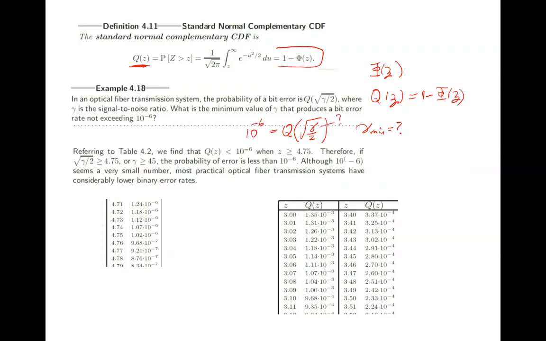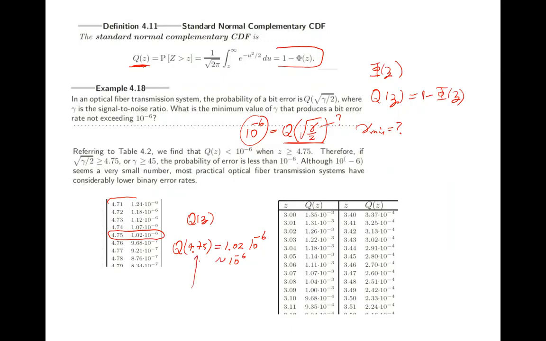What is gamma then? To find this, we have to look at the value of the Q function at this. Here we can have a look at that. Here it is. You see this one, for example. When Q of Z is 4.75, it becomes 1.2 times 10 to the minus 6, so it's approximately 10 to the minus 6.